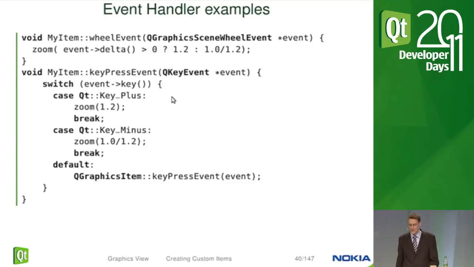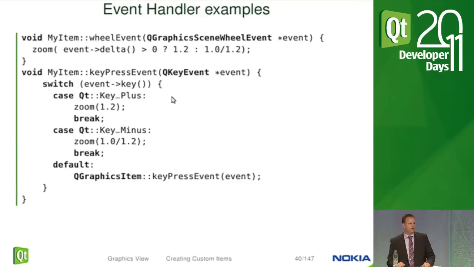I am. So we have the key press event here. Pressing the plus sign will zoom in, and pressing the minus sign will zoom out. We're calling the method zoom, which is implemented elsewhere. And we also have zooming with the wheel event. The only brokenness about this example is that it implements zooming on an item. That's not what you usually want.